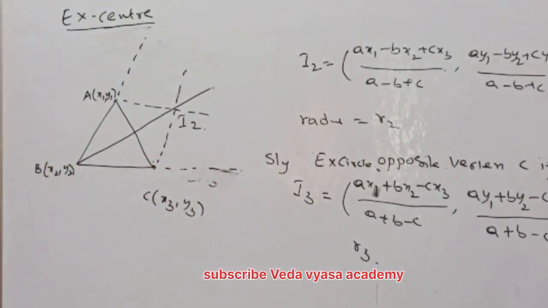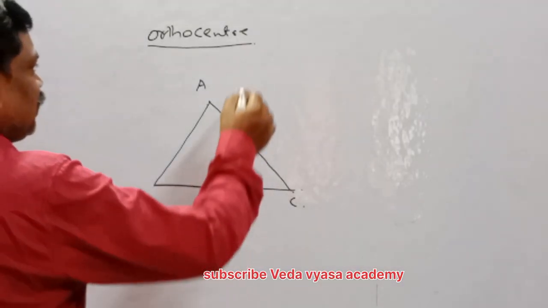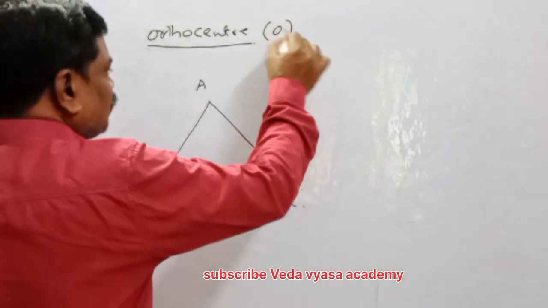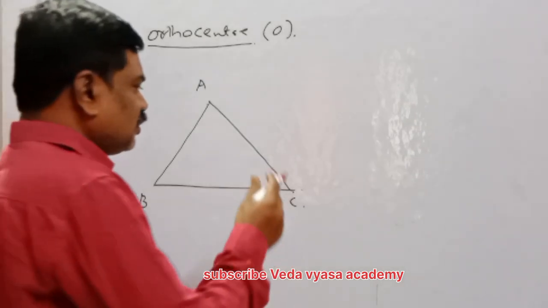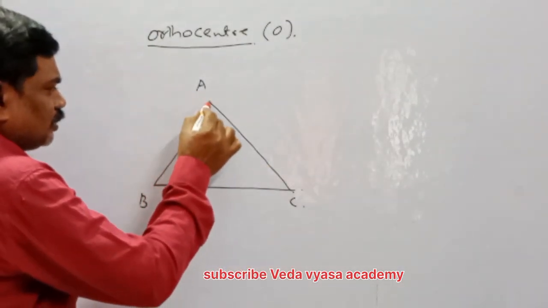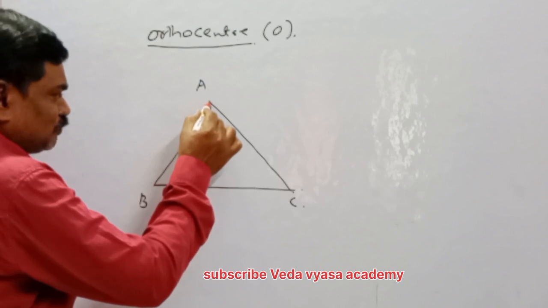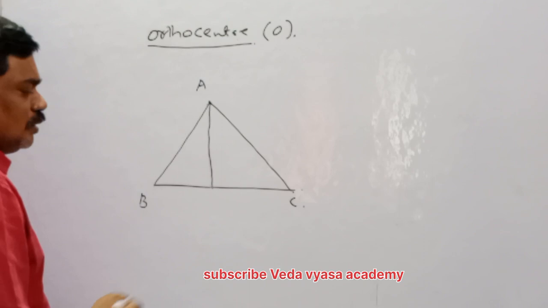Next we go for the orthocenter. The orthocenter is represented by O. Here you see, this is the vertex A. This is the altitude from vertex A to the opposite side, AD.